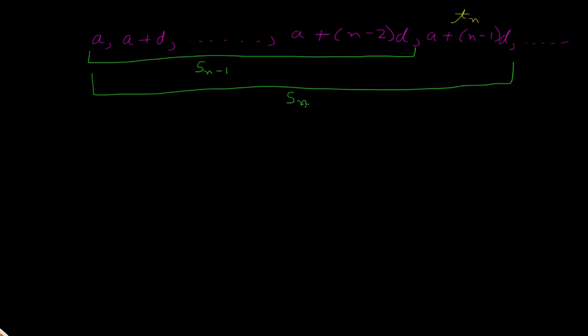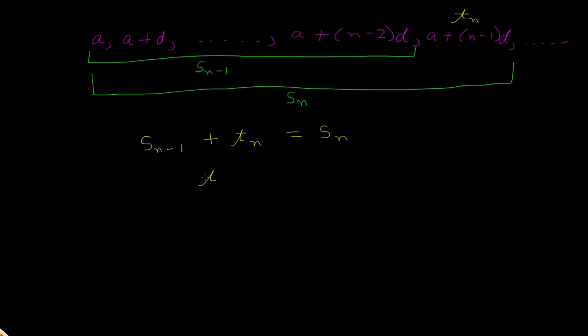How do we get to Sn? If we know the sum of n minus 1 terms, then if we add the nth term to this, we will get the sum of n terms. That is, if we have Sn minus 1, the sum of n minus 1 terms, and we add the nth term to it, that is Tn, then this should be equal to the sum of n terms.